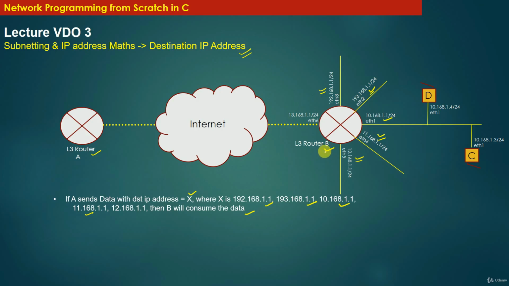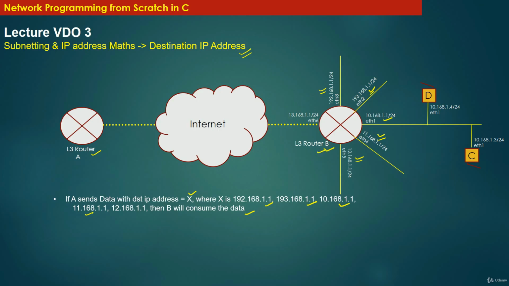Consume the data means the layer 3 of the TCP IP stack will conclude that the data is destined for router B, and it will hand over the rest of the packet to the transport layer or application layer running above the network layer in the TCP IP stack. So you can see that router A can send the data to router B by specifying the destination IP address as the IP address of any local interface of router B.